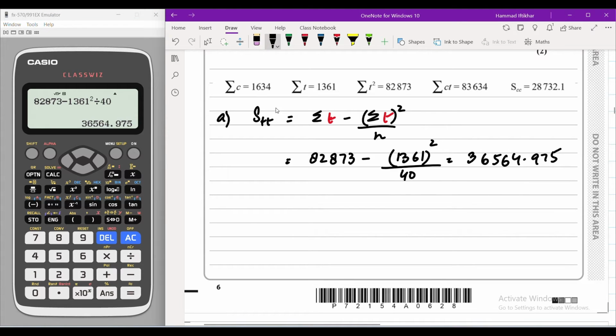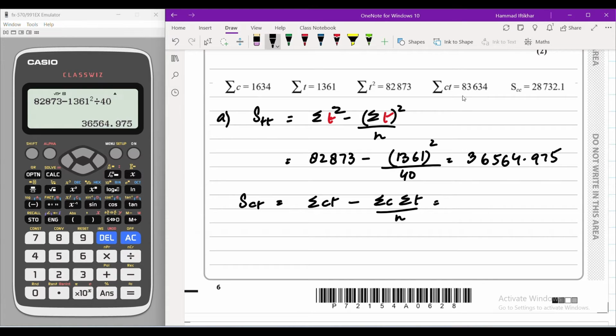Now the SCT. That will be sigma ct minus sigma c times sigma t divided by n.